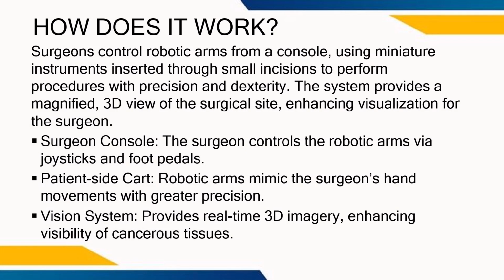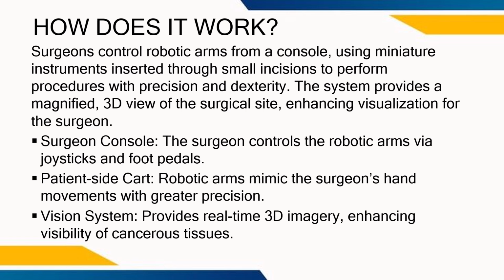How does it work? Surgeons control robotic arms from a console, using miniature instruments inserted through small incisions to perform procedures with precision and dexterity. The system provides a magnified 3D view of the surgical site, enhancing visualization for the surgeon.